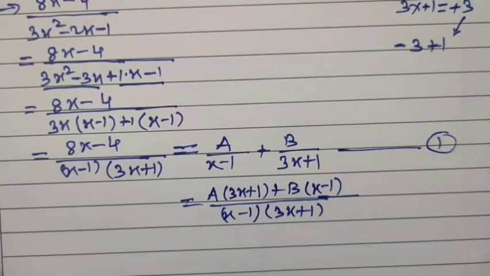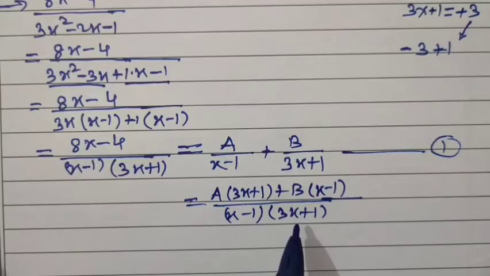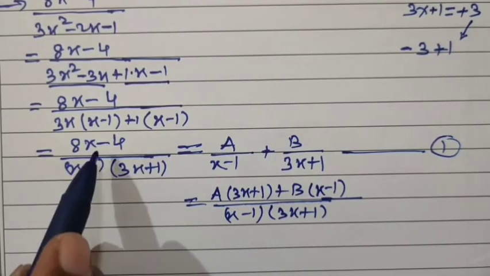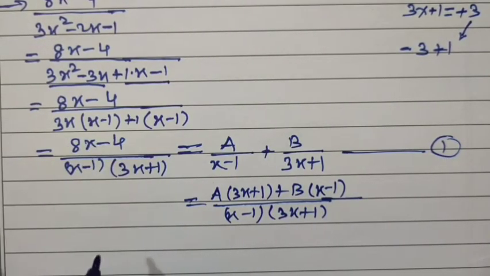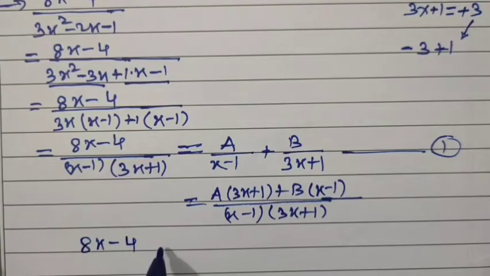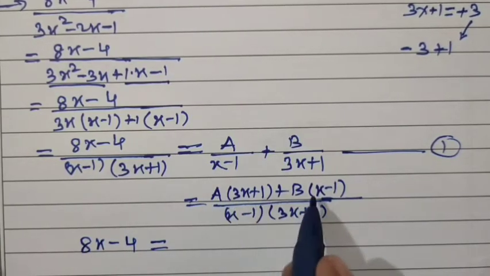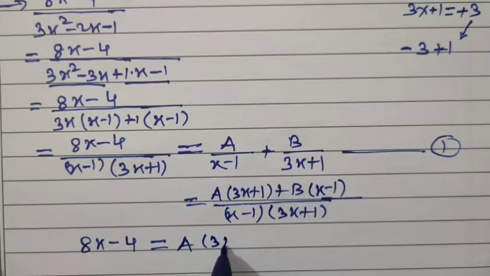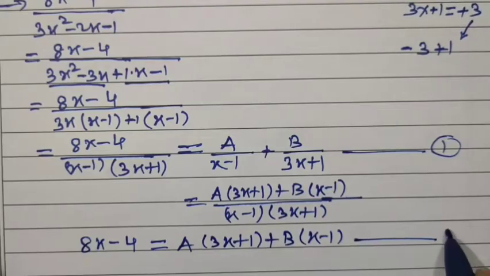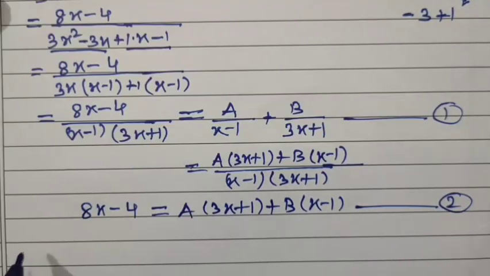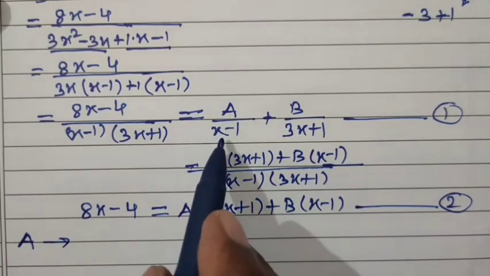Now here denominators are equal, hence numerators must be equal. On left hand side numerator is 8x minus 4, and on right hand side numerator is this one, a into 3x plus 1 plus b into x minus 1. Okay, and consider this is equation number 2. Now to find value of constant a, denominator of a is x minus 1.